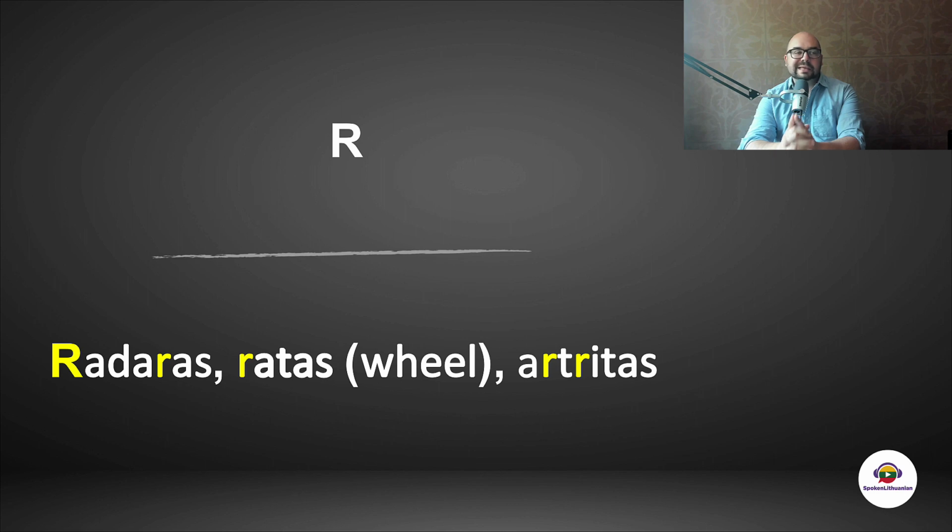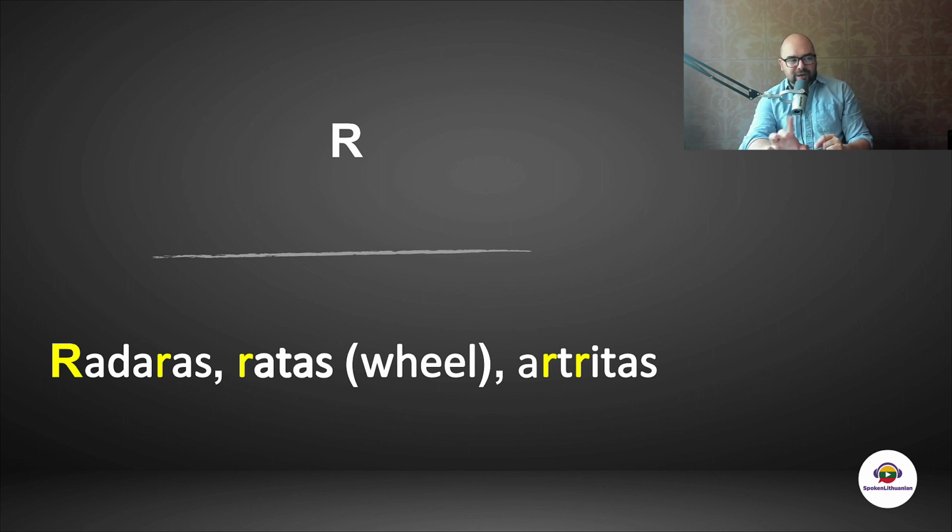We have the R, and no doubt here we have a difference. Because in the English language, R is like this R. I'm really twisting my tongue over here. It's almost as if I'm not saying the R sound. I'm twisting my tongue, like a pirate.